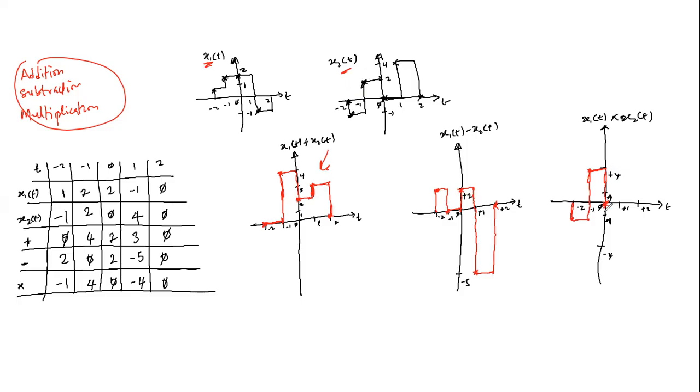Then at t equal to 1, it is 0 as well, then t is the same as -4. So we have this plot here. So the signal is going to come this way, then go this way. Then at t equal to 2, the signal comes back to 0. So when we multiply x1 of t and x2 of t, this is what we get.